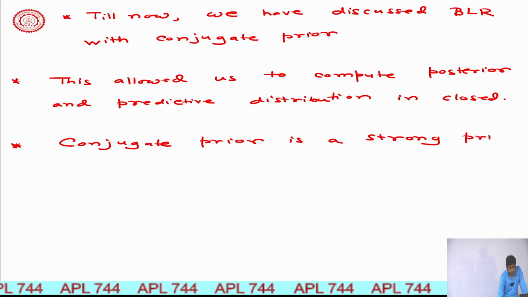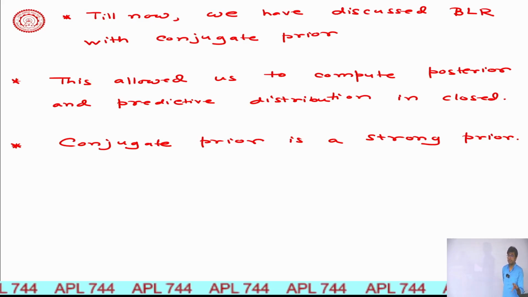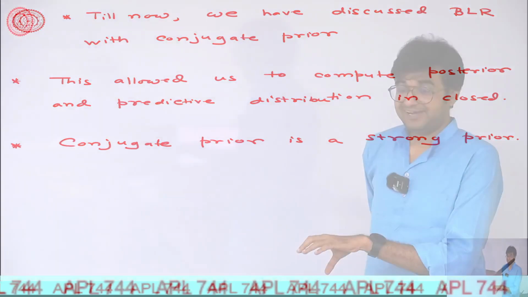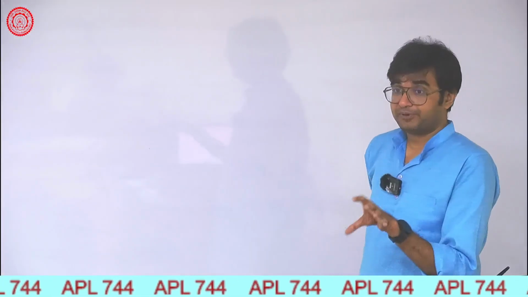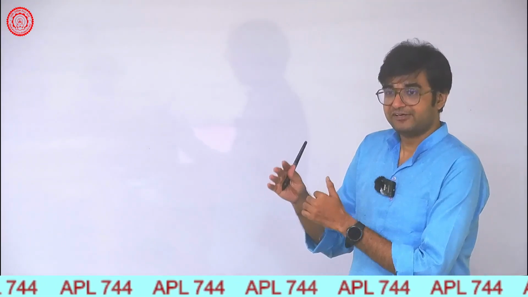And what is the issue with conjugate prior being a strong prior? Well, it is possible that your actual prior belief cannot be formulated as a conjugate prior. And in that case, as conjugate prior is a strong prior, the prior will be, or can potentially be, significantly different from what your actual belief about an event is.